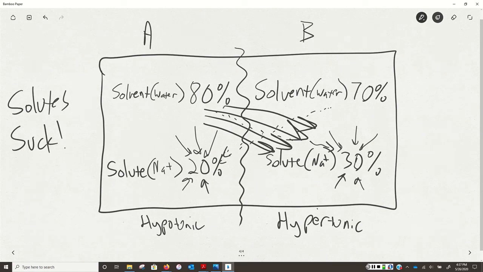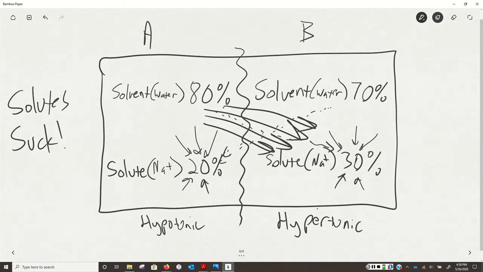So osmosis occurs, and the result is the hypotonic and the hypertonic solutions are no longer there. We have two solutions that become isotonic to each other. Let that sink in. The osmosis occurs and it causes the hypotonic and the hypertonic solution to change until they are isotonic to each other.